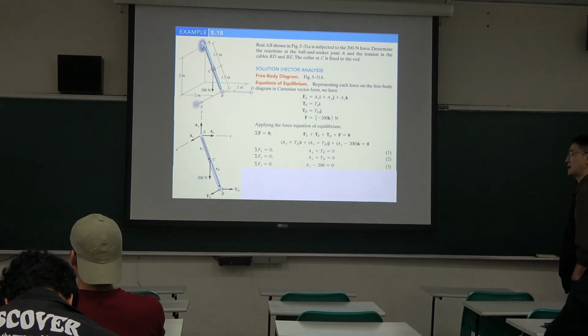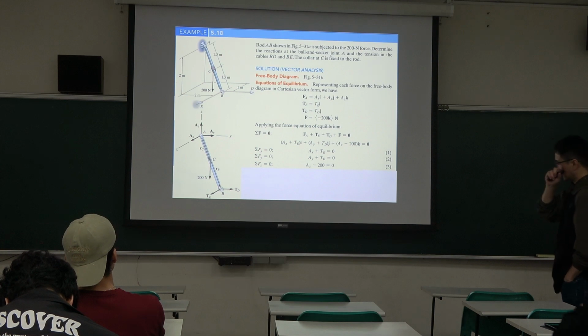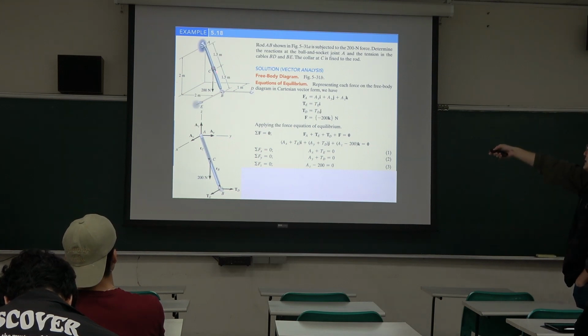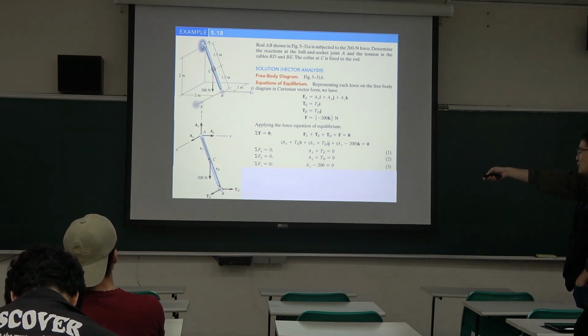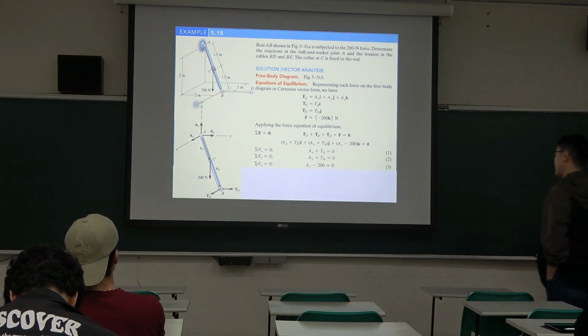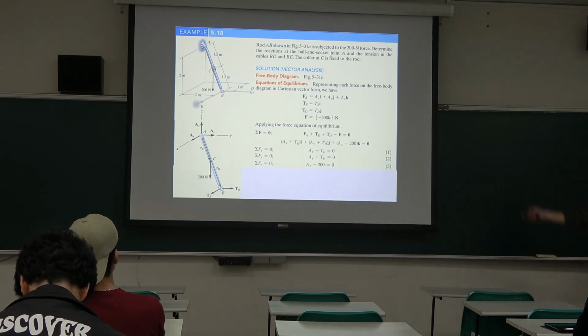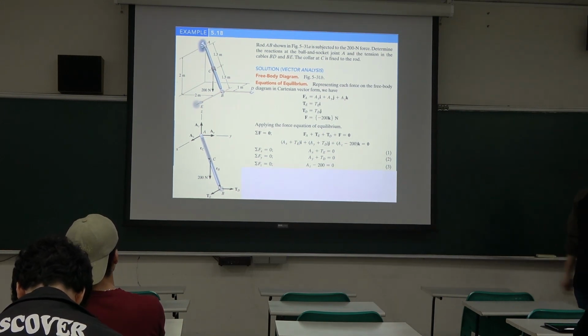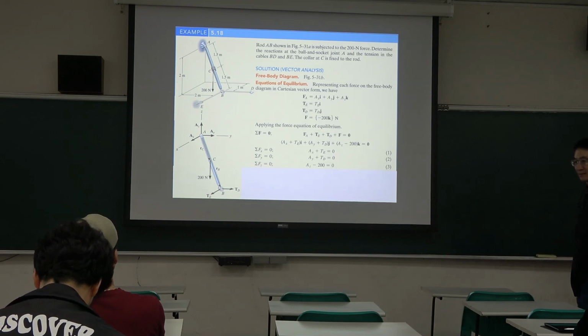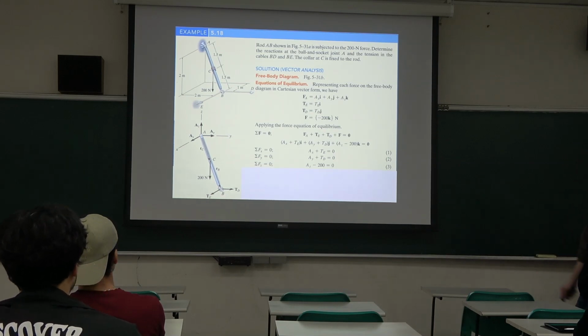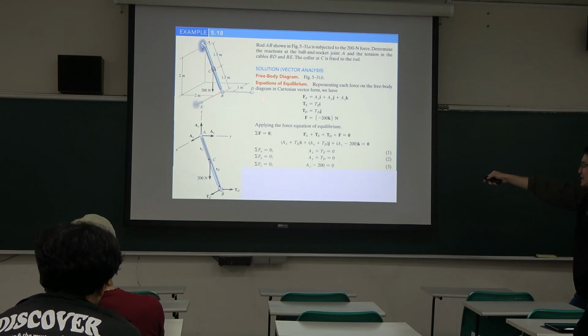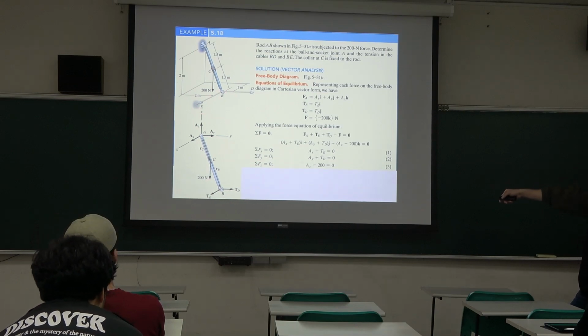That means it cannot move. Okay, and the applied force of 200 is at point C here. Point A is a ball and socket, so it has three directions of force. And BD and BE are tension. So the free body diagram looks like this.